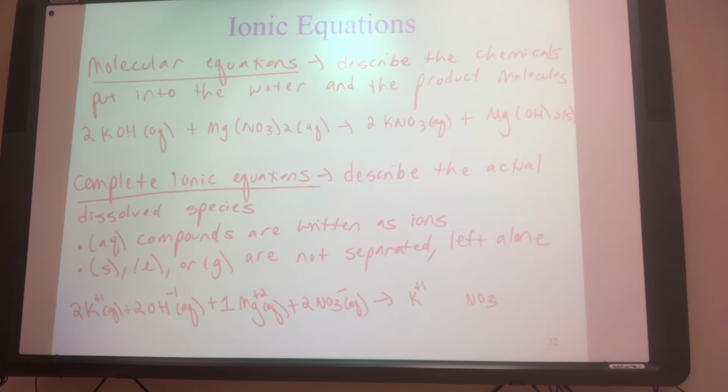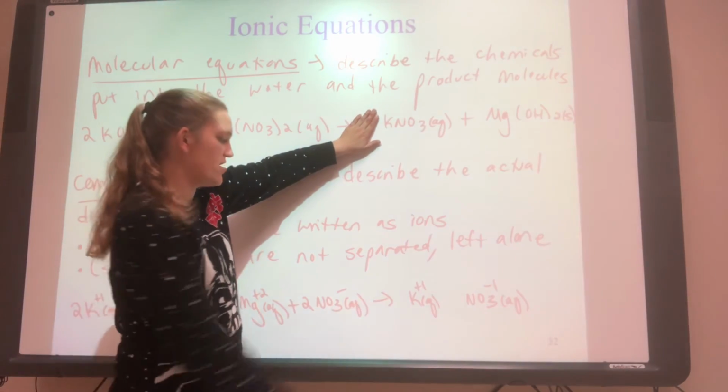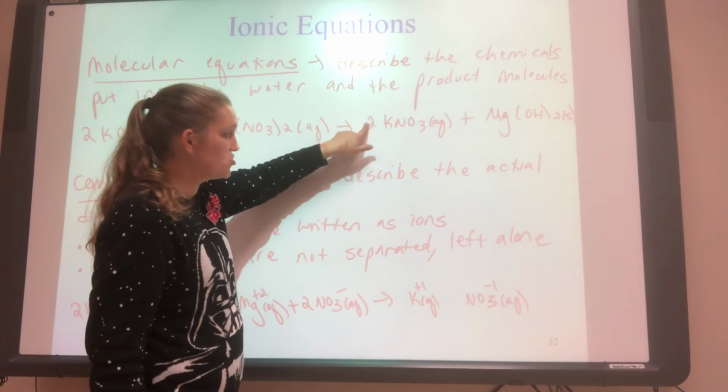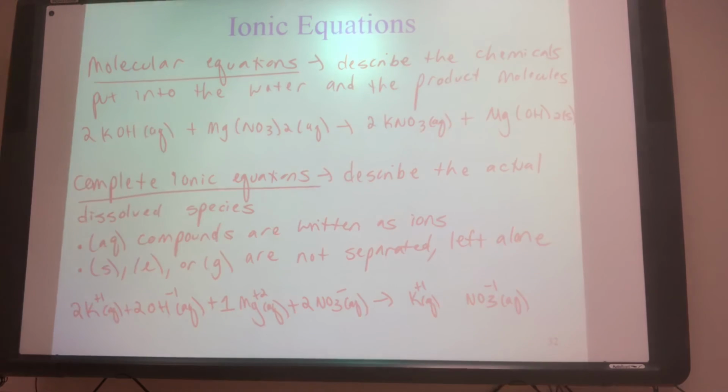NO3 is one of my polyatomics, which is a -1. Since it's aqueous, they're both aqueous. Then I have to balance. In 1 KNO3, I only have 1 K plus and 1 NO3. But I have 2 of those, so that means there are 2 Ks and 2 NO3s. So I have to put those coefficients here as I go down.